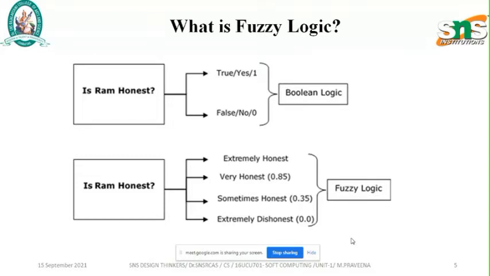Is Ram extremely honest, very honest, sometimes honest, extremely dishonest? Extremely honest means 1. Extremely dishonest means 0. Very honest means 0.85. Sometimes honest means 0.35. Likewise, we can give some values between 0 and 1. That is called as fuzzy logic.